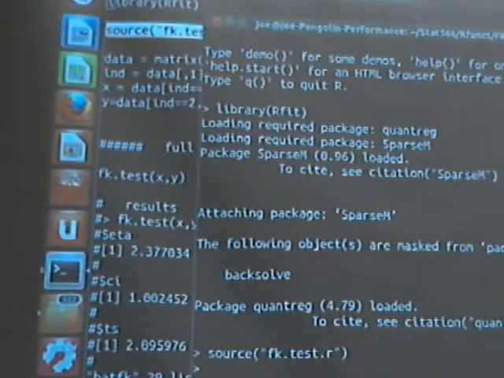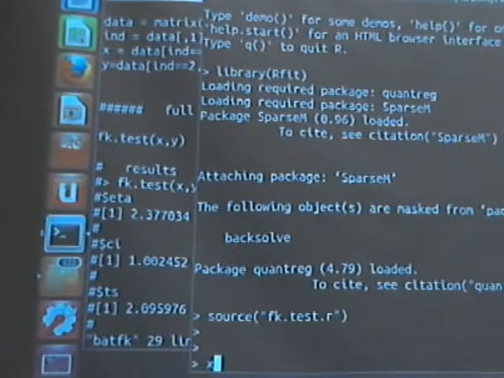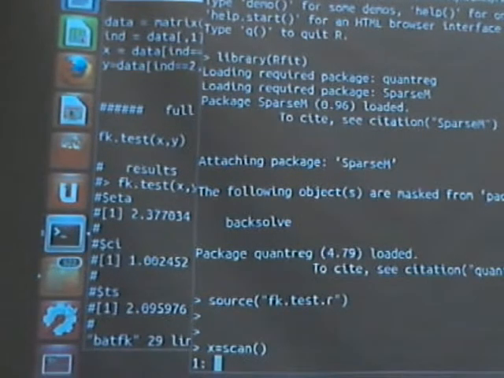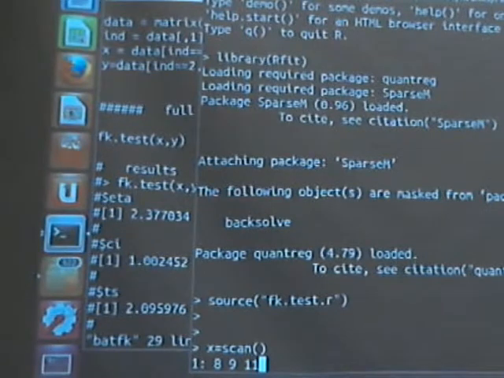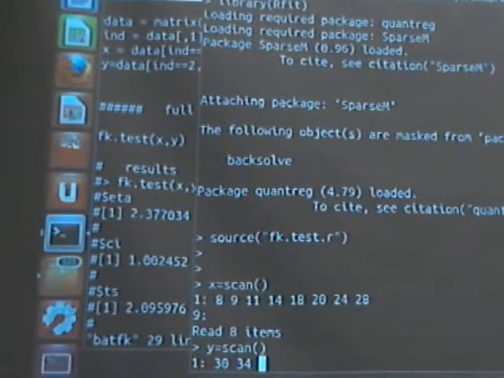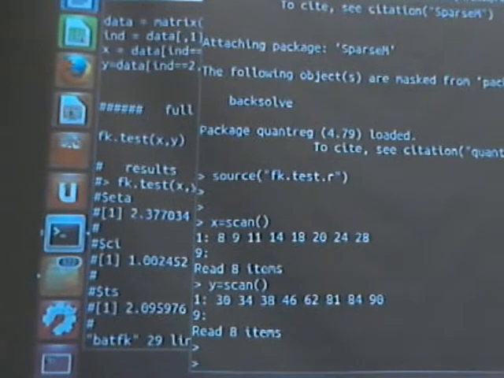And we just need to get the data in. You can read things in, but you can scan them too. So you have the data and you check it.